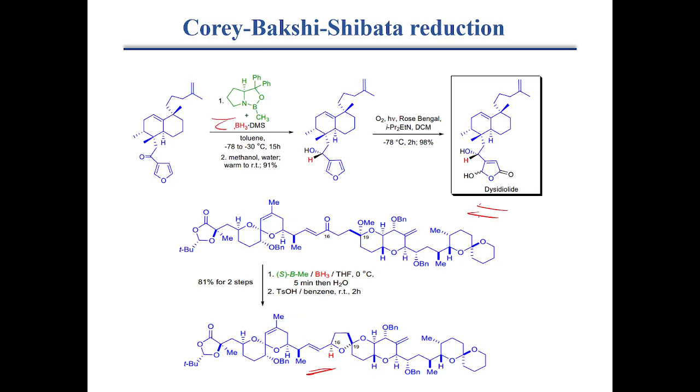So this is the active catalyst and this BH3-DMS complex selectively reduces this ketone. They are also, this ketone, are selectively reduced to alcohol, and under tosyl or paratoluene sulfonic acid, water elimination is happening and giving this double bond.